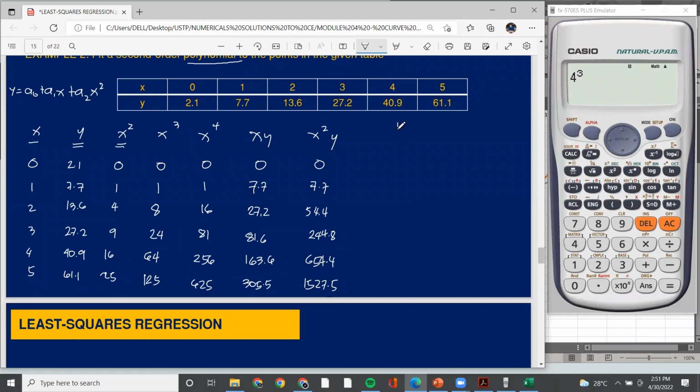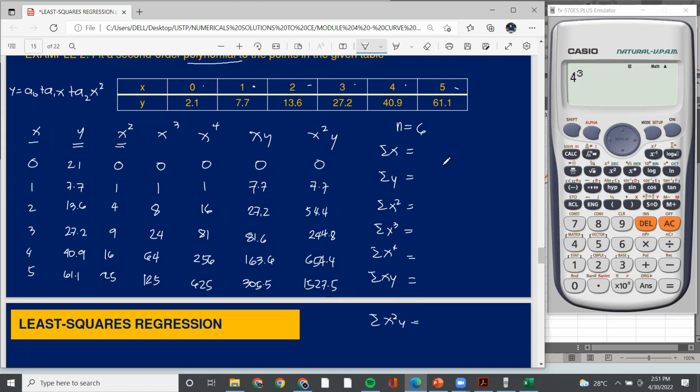Okay, so next, kuha na ta ang n. Pila tong n? 1, 2, 3, 4, 5, 6. 6 atong n. Summation of x, pila? Summation of y? Summation of x squared, summation of x cubed, summation of x to the fourth, summation of xy, and summation of x squared y. Sige.